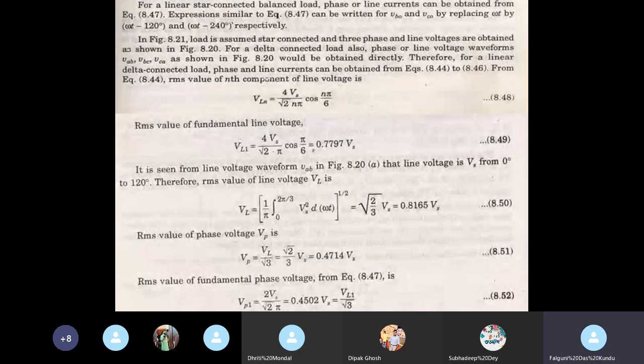These are the formulas. VLn is the RMS value of the nth component of line voltage. The RMS value of the fundamental line voltage is VL1. Similarly, VP is the RMS value of phase voltage, and the RMS value of the fundamental phase voltage is obtained if we put n equals to 1.